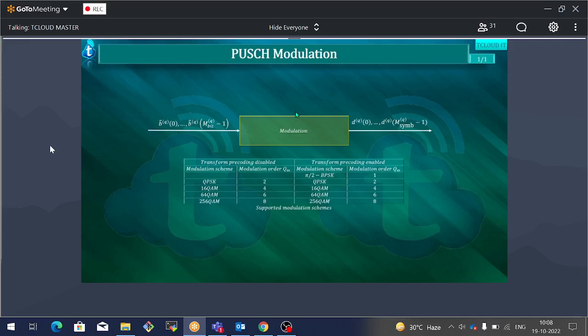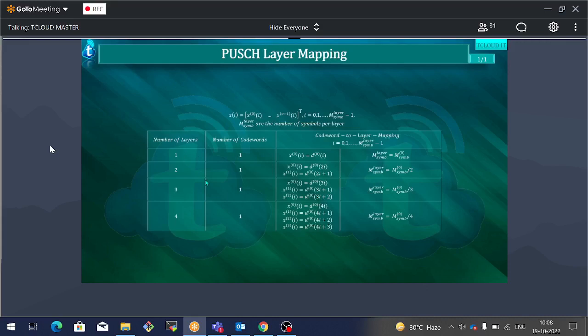PUSH, where from one code word you can form 4 layers. If it is one layer, it is as it is. If it is two layers, it is a halfway split. All even number symbols would go into one layer, odd number symbols would go into another layer. If it is three layers, three-way split, 3i, 3i plus 1 and 3i plus 2 symbols.